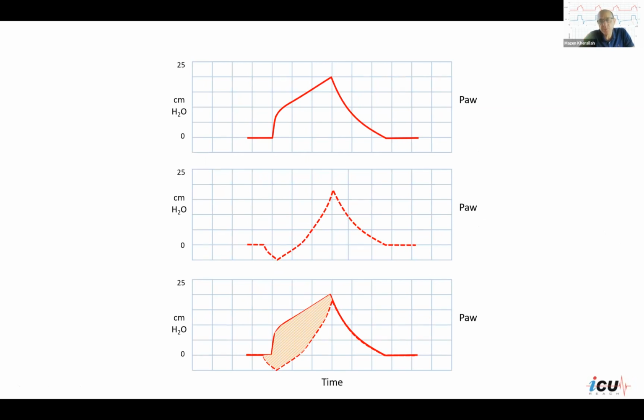If you see the pressure pulled down like this, this is a passive breath. You can see how the pressure is going up straight. In the middle one, you see the pressure is pulled down. The difference between the normal or straight pressure and this pressure is the pressure time product that the patient is doing.